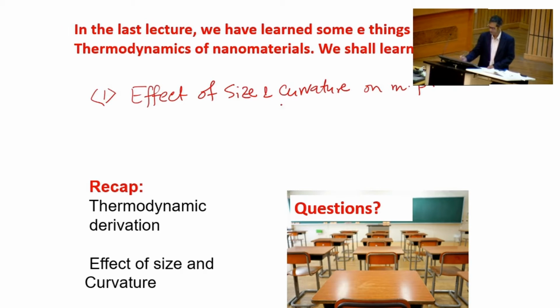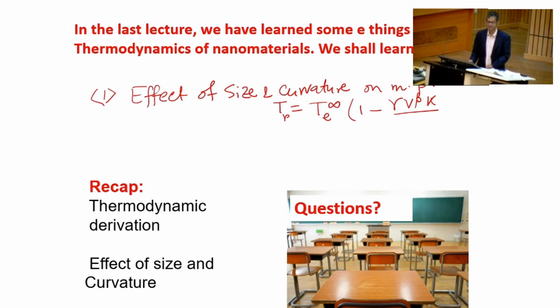I derived the relationship where T, the melting temperature of the particle with radius r, is equal to T equilibrium, the temperature of the particle which is of large size, that is what I write as superscript infinity, multiplied by 1 minus a factor: gamma V beta kappa over delta H. Gamma is surface energy, V is the molar volume of beta phase, actually it can be any phase, by the way.